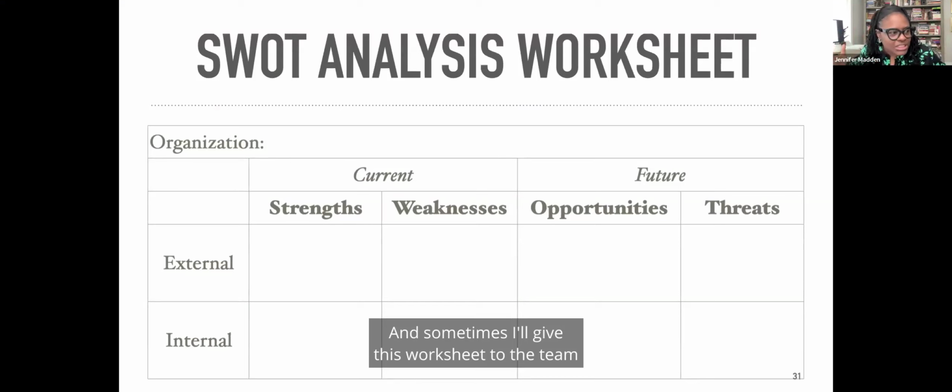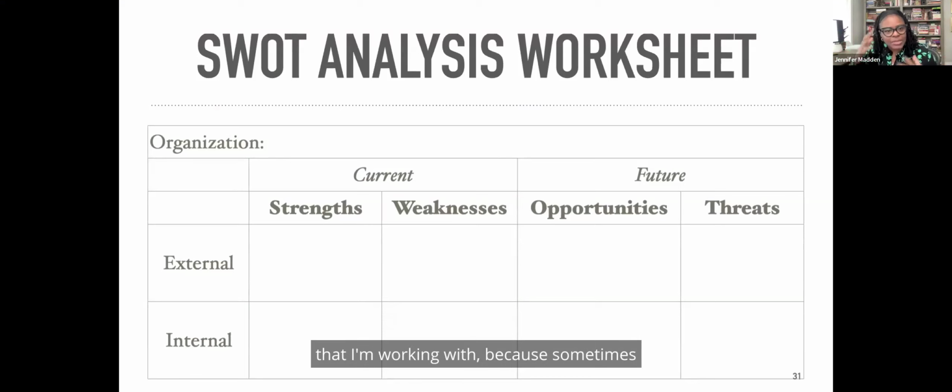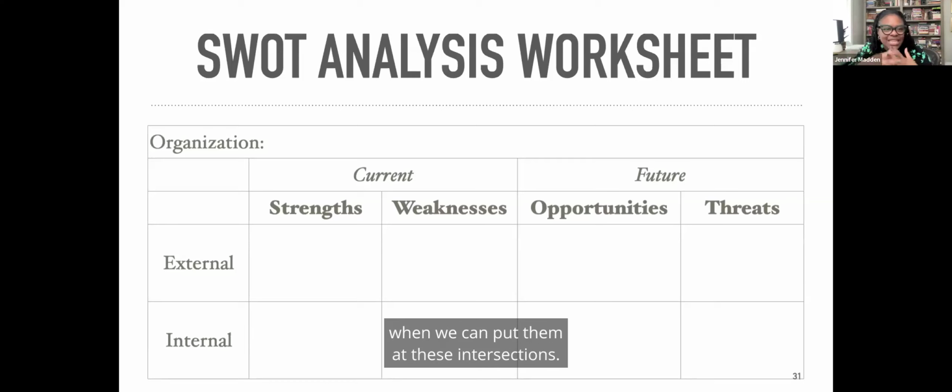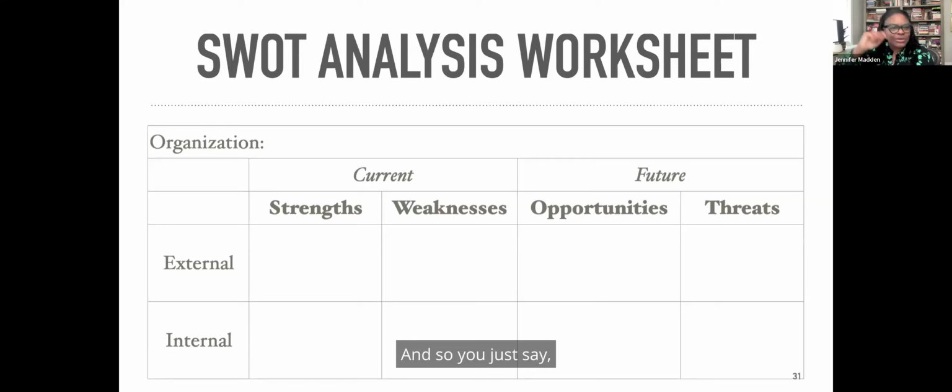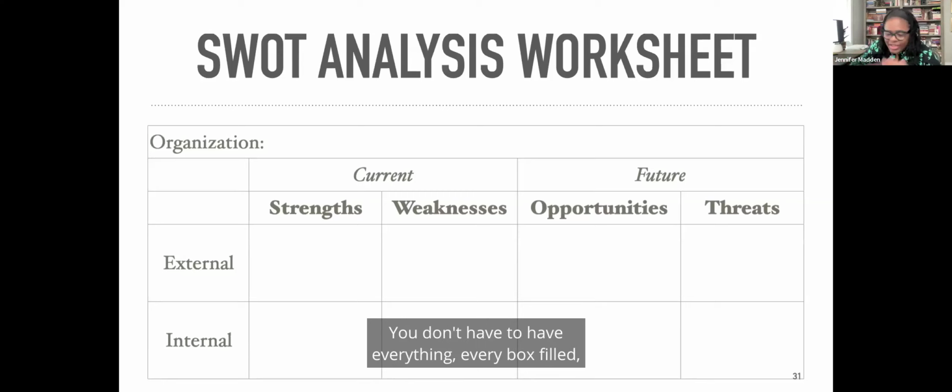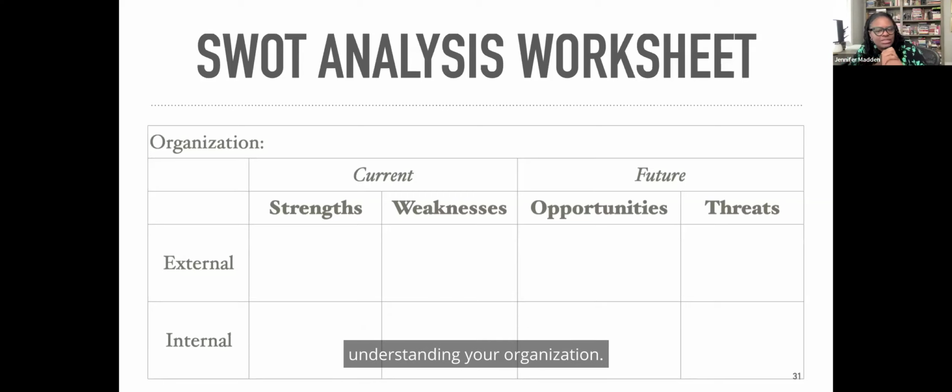Sometimes I'll give this worksheet to the team that I'm working with because sometimes the mind works better when we can put things at these intersections. You just jot down something in one of the boxes. You don't have to have every box filled, but it does help you think through understanding your organization.